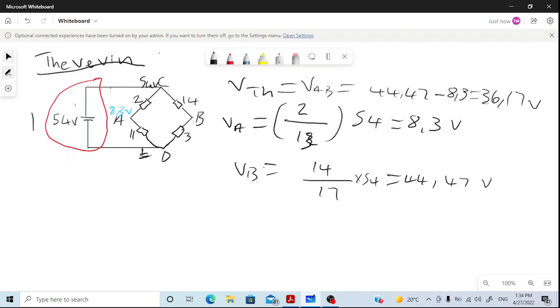So right now I'm going to draw my Thevenin equivalent circuit. That is the final step, and this should be according to the theorem stated by Thevenin. So how do you draw your Thevenin equivalent circuit? Here it's going to be my VTH, which is the Thevenin voltage, of which it's 36.17 volts.